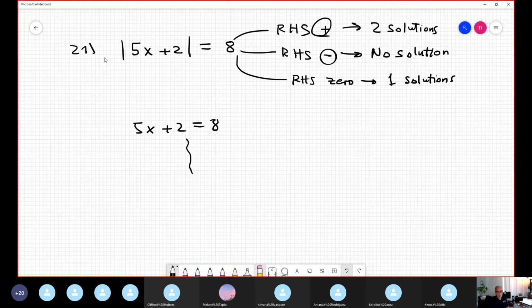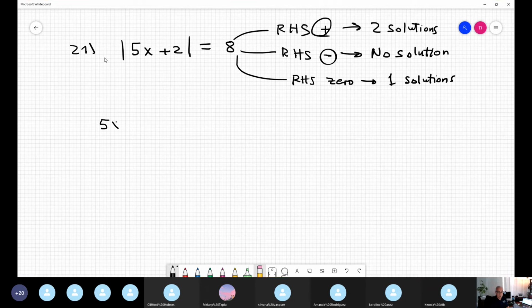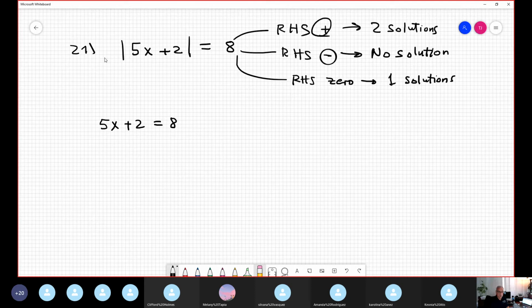Okay, now you have to separate into pieces, because we have two solutions, not only one. The first equation is 5x plus 2 equal 8, exactly like the silly student. However, 5x plus 2 equal minus 8. So you separate in two pieces. It's easy.